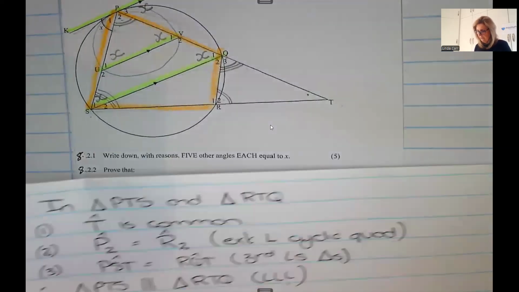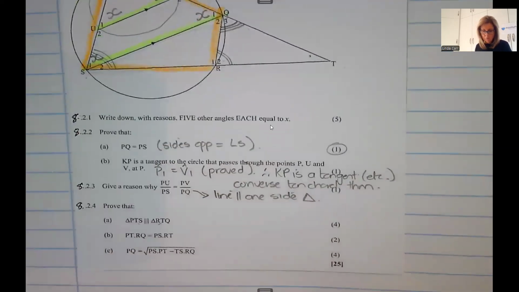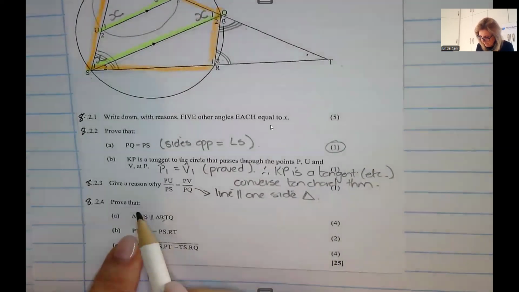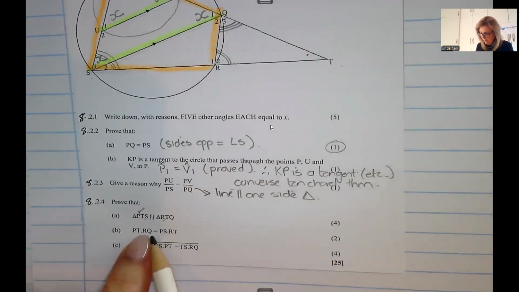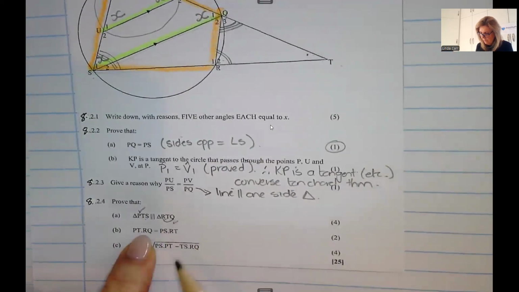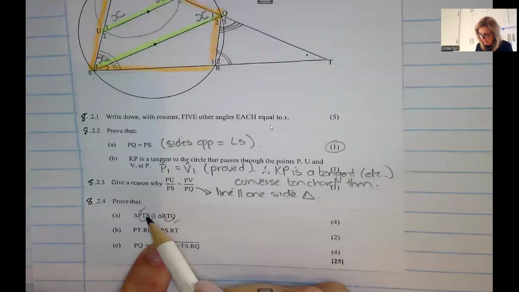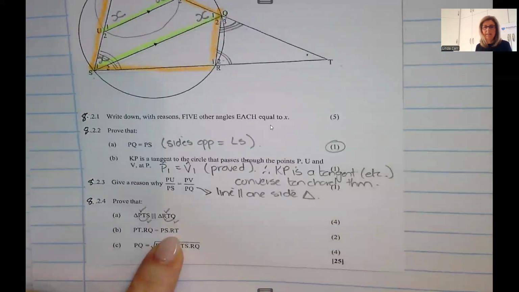Right, so we're gathering lots of marks in this question. For 2 whole marks, prove PT, so I'm looking above, times RQ equals PS times RT.